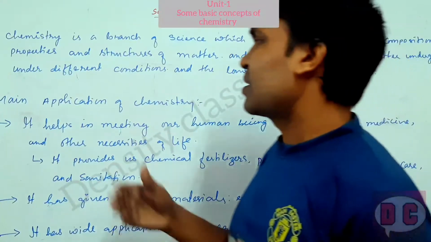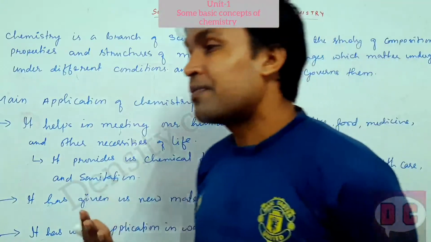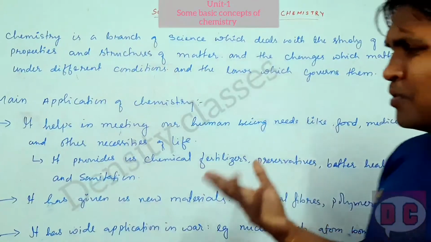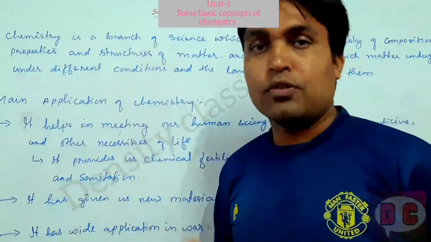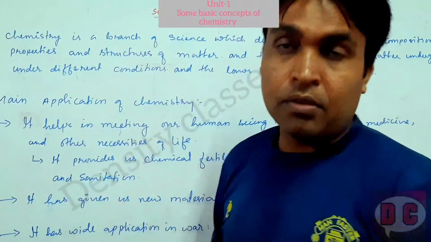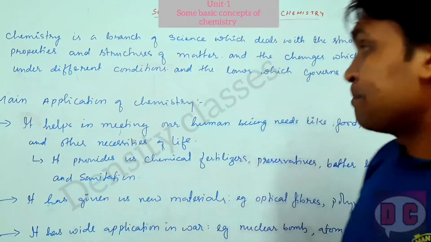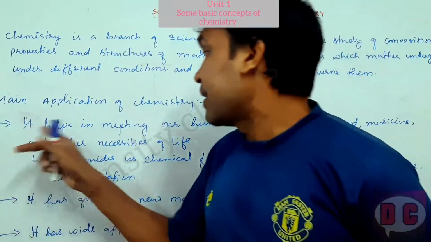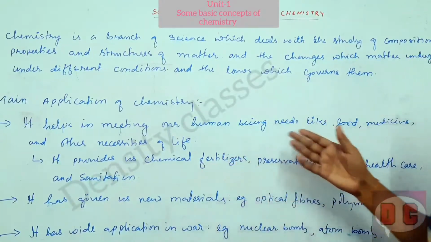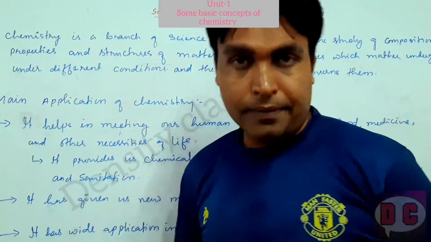Now, what are the applications of chemistry, in which fields do we use chemistry? Let us try to understand a few. There is a wide range of uses of chemistry, but I have shortlisted some main ones. The first one is that it helps in meeting our human needs like food, medicines and other necessities of life.